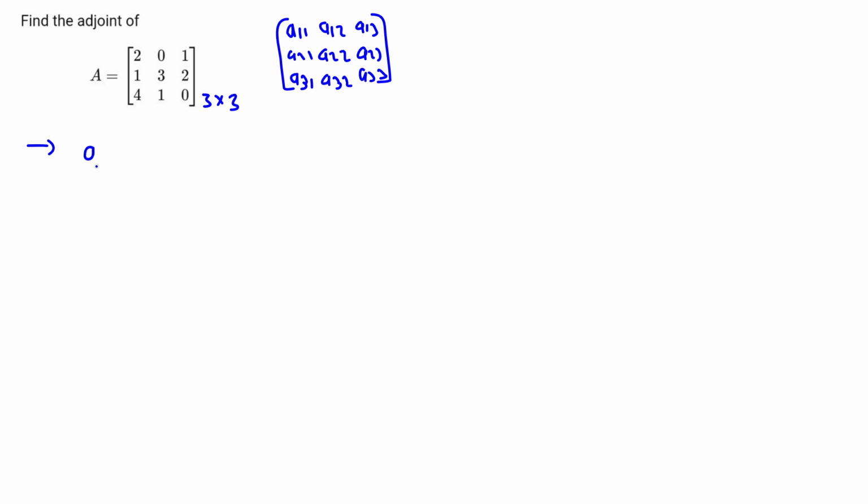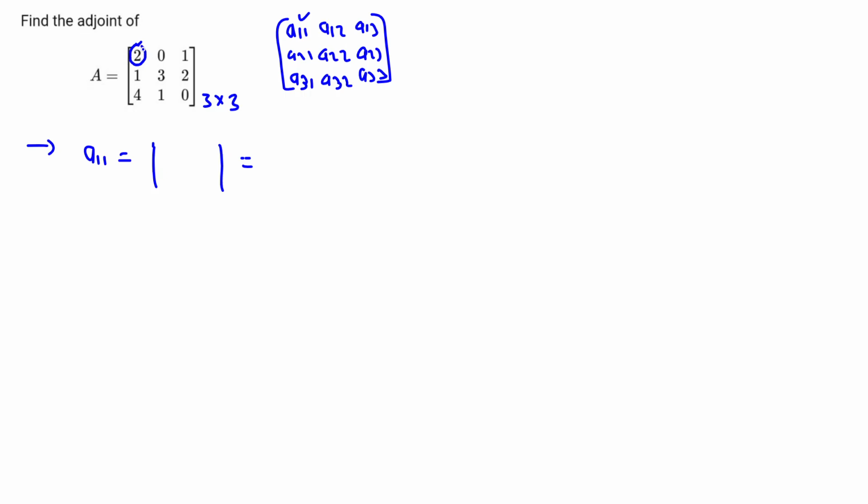So what I'm doing, initially I'm finding the first cofactor A11. In the problem it is 2, right? But here I'm considering a 2 by 2 order determinant. I'm not applying the formula that we applied in the previous question. In 3 by 3 you can directly find cofactors by finding the determinant.